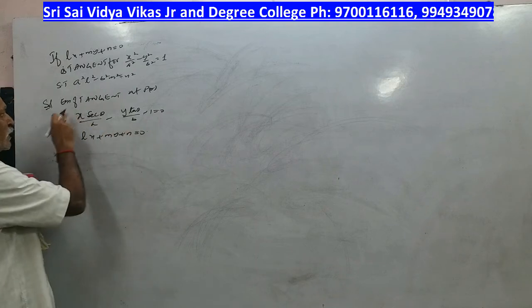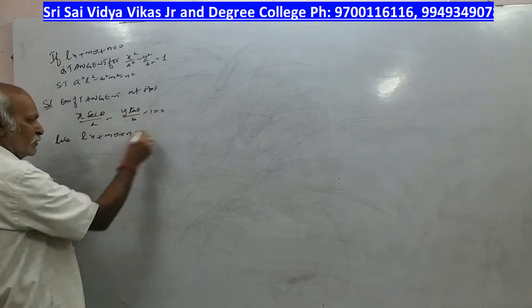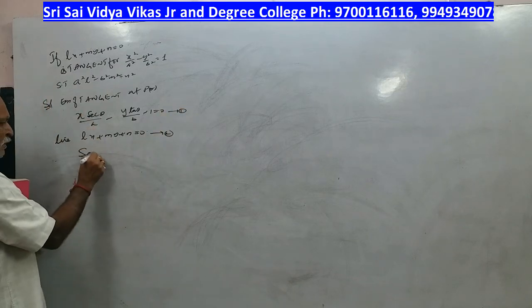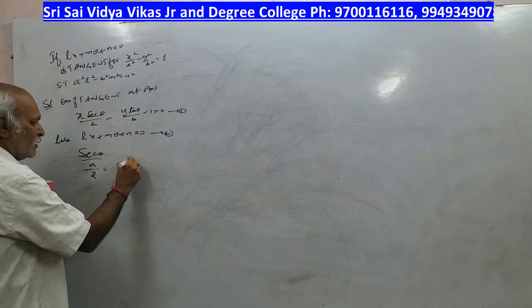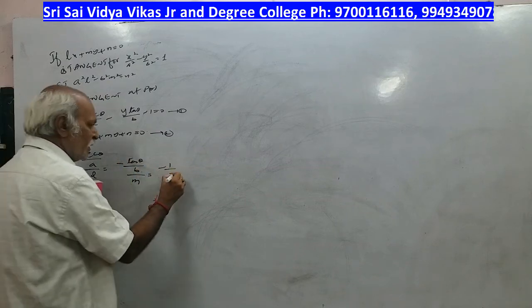So he has given tangent equation x secant theta by a minus y tan theta by b minus 1 is equal to 0. This is the second equation. This is the first equation. Compare, sir. Secant theta by a by L is equal to minus tan theta by b by m is equal to minus 1 by n.